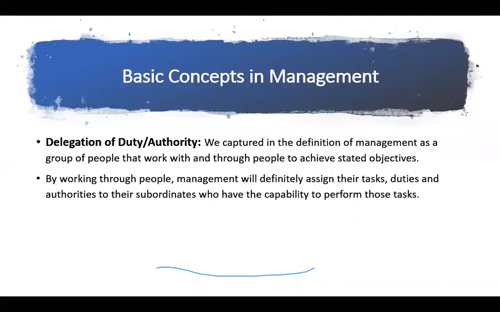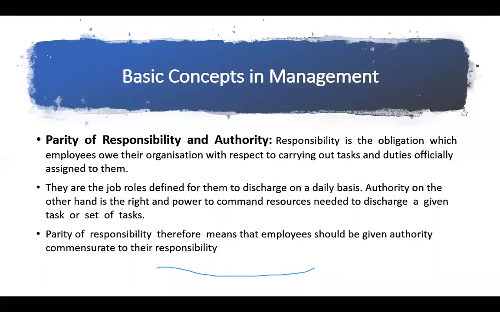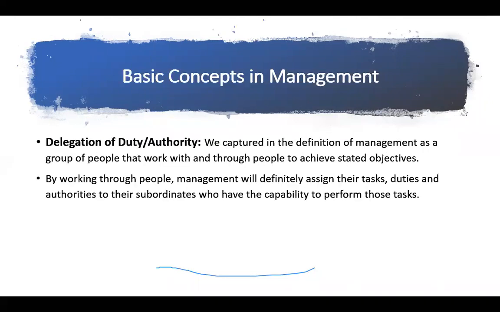It is coming back from what we studied here, parity of responsibility and authority. In delegation of duty, the principle of parity of responsibility and authority comes in, because it is saying that management should delegate duty and authority.